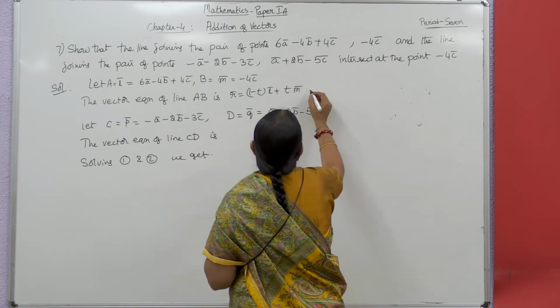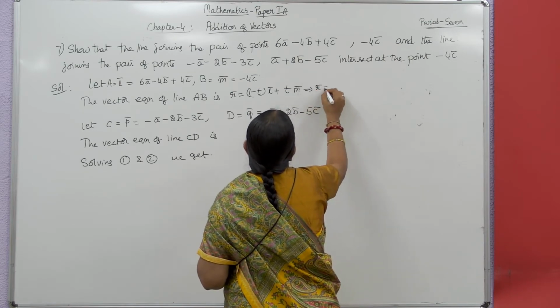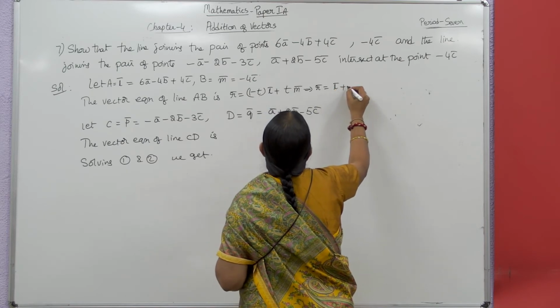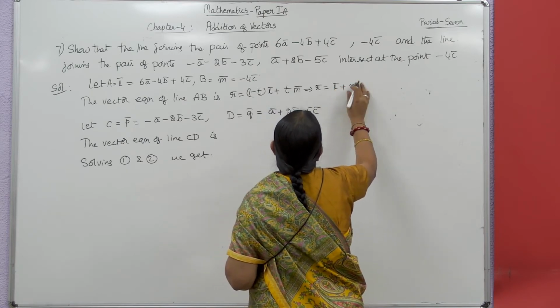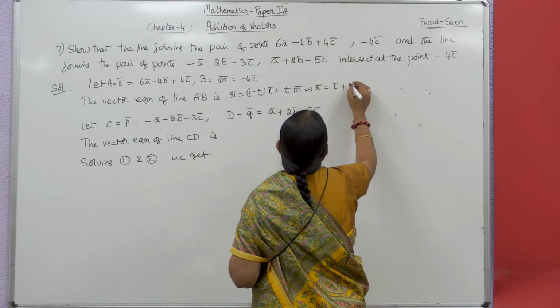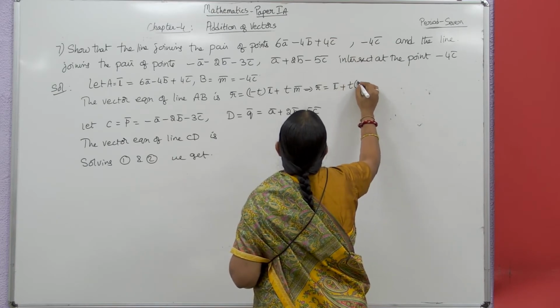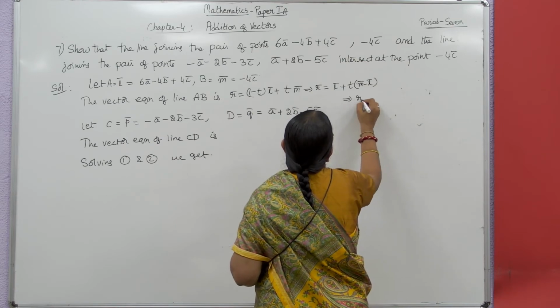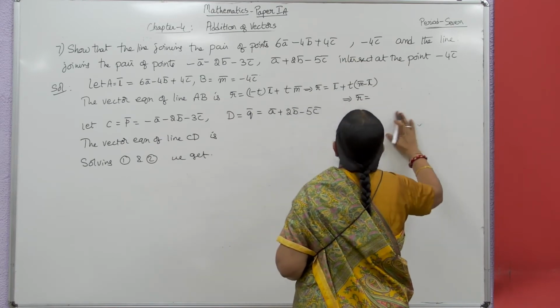R is equal to L plus T into B minus A, that is L plus T into M minus L. So R is equal to L. What is L?